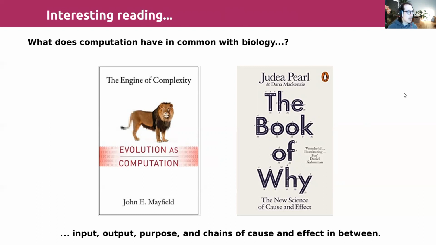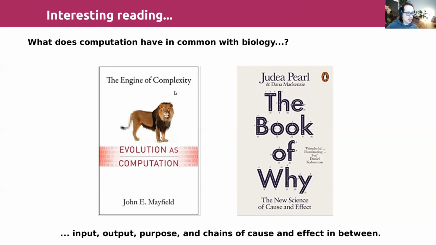And we see hierarchical structures emerging in biology. And they have some things in common, right? In computation and also in biological systems, you tend to have input signals, output responses, usually a purpose of some kind driving the input to output, and a chain of cause and effect in between them.